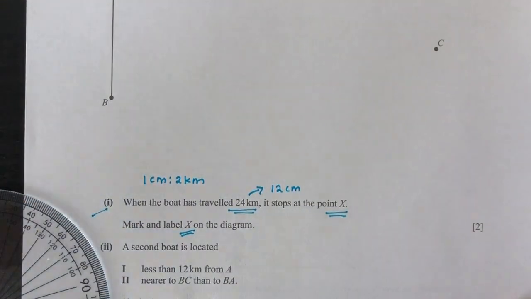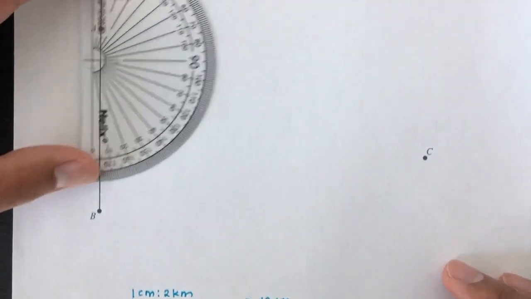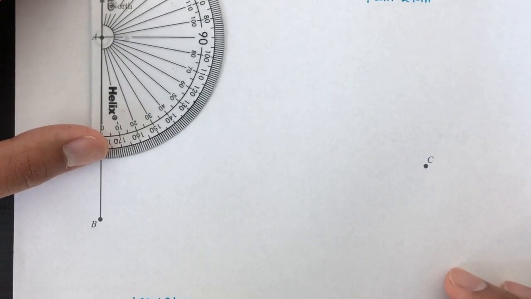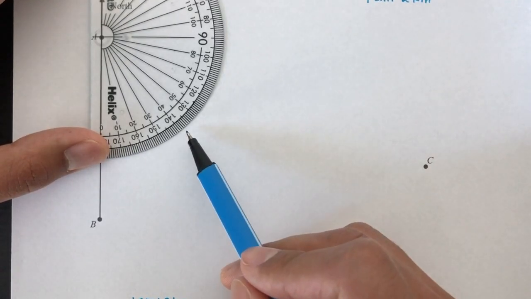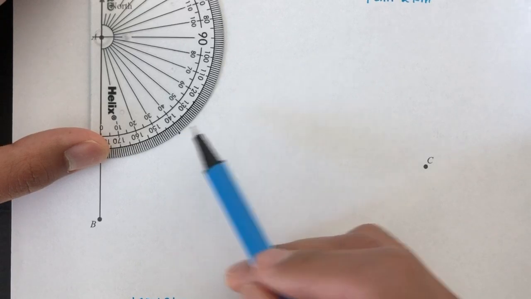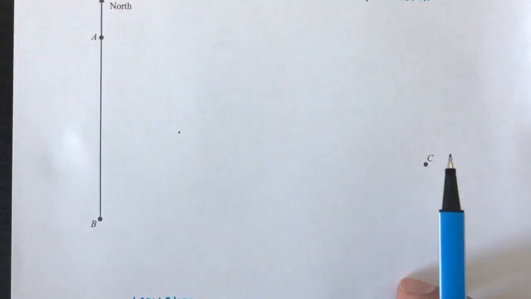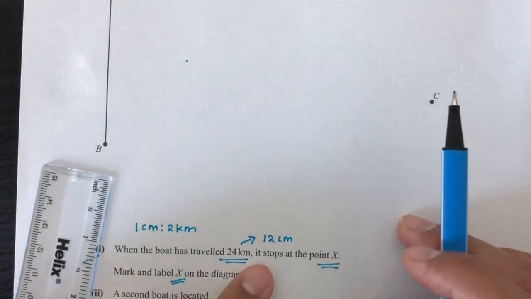So I assume that it will be in the direction of C, but let's find out. I'm not too sure. So from A, at the bearing of 141, it will travel a distance of 12 centimeters.